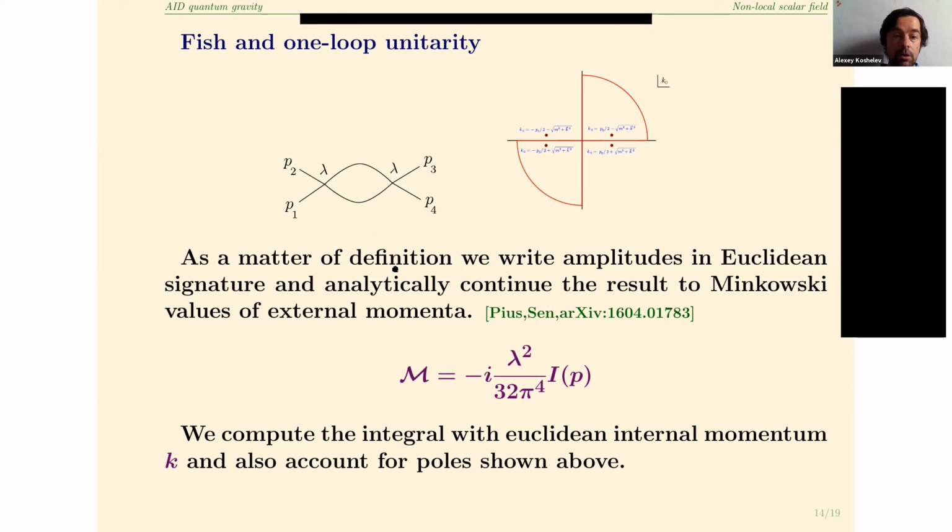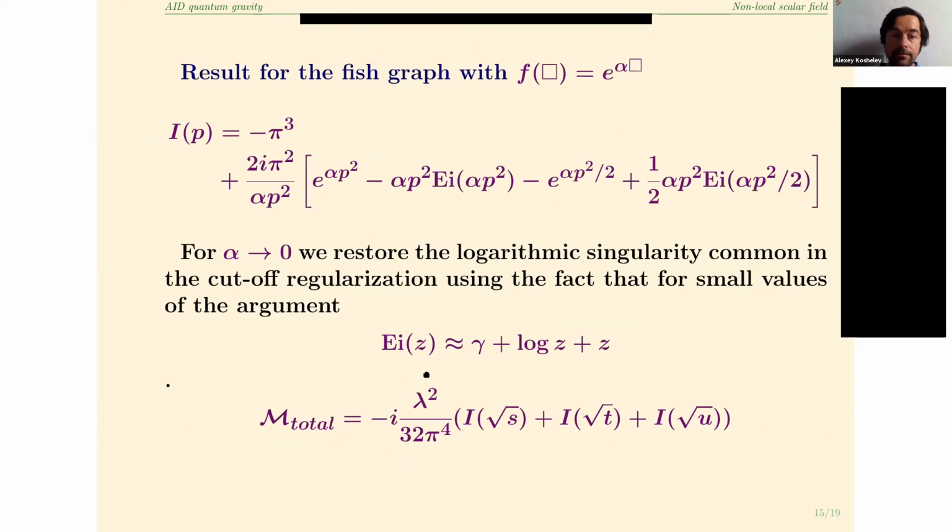Having this procedure applied to this particular Lagrangian, what we find out is that as long as we compute the amplitude, the answer appears, and this particular answer corresponds to a form factor, this f of box, just the exponent of box. And this is the full answer which we need.